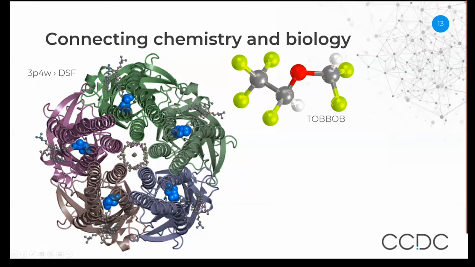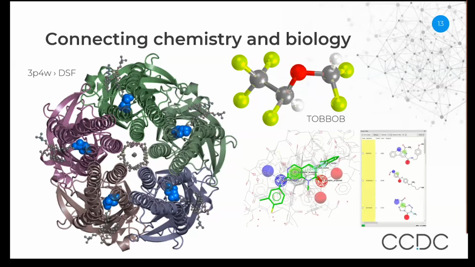This is what it looks like in the PDB, and then you can also see what that ligand looks like in the Cambridge Structural Database. There are links between the ligands in the CSD and the PDB ligand chemical component dictionary to enable you to navigate between the two. But as well as linking between the databases, you can explore the databases together, and that's just what we're going to be doing today using CSD CrossMiner.